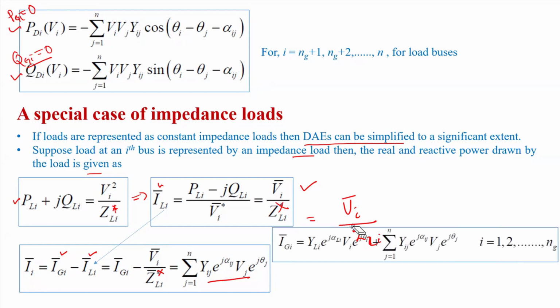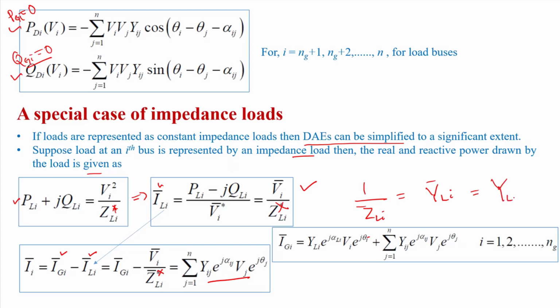So now I can write IGI in terms of other parameters. If your ZLi is a complex quantity, then I can write 1 by ZLi as YLI, which is a complex quantity.